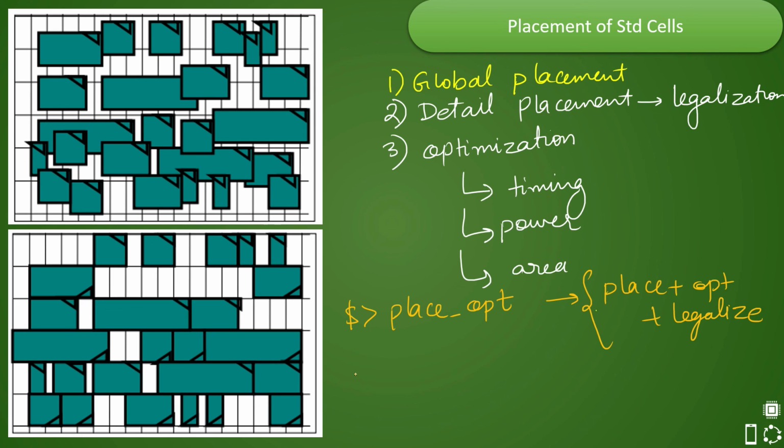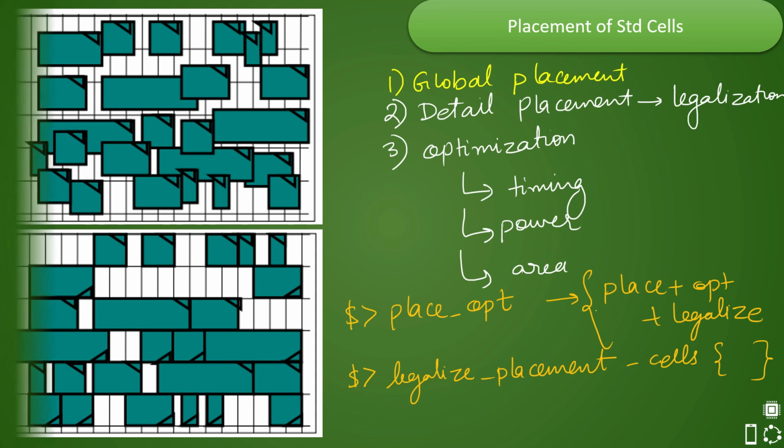If for some reason you have inserted some newly added cells from your side which were not there earlier, and you want the tool to legalize them, using place_opt will take a lot of time. At that time you can use the command legalize_placement. This will do the legalization of the cells which you have newly added. If you want only those cells to be legalized, you can use the -cells option, and after that you can specify those particular cells.